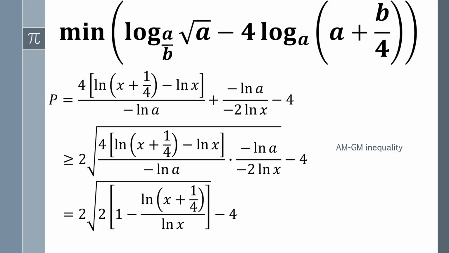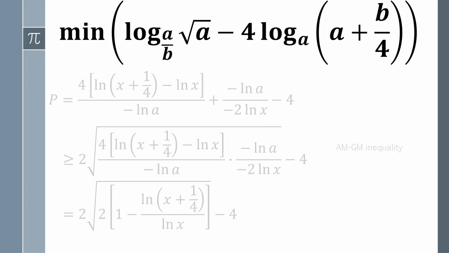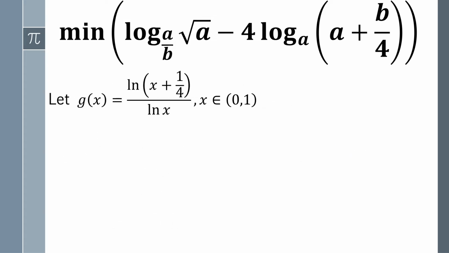Now the question becomes to find the maximum value of log x plus 1 over 4 over log x. To do so, let g(x) equal log x plus 1 over 4 over log x, in which x belongs to 0 and 1. A standard way of looking for the minimum or maximum value of g(x) is to do the derivative test.